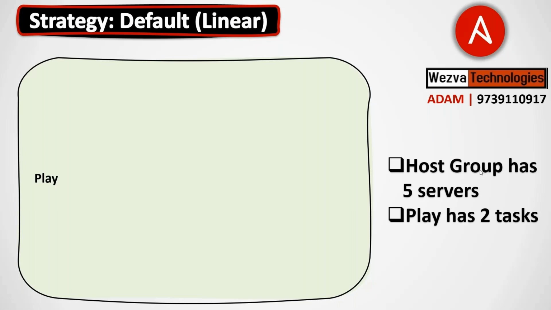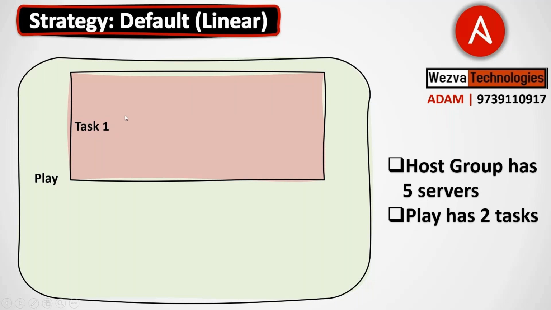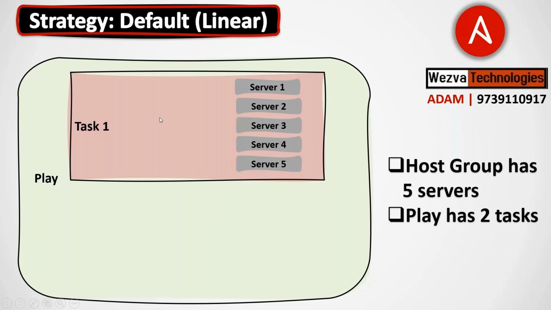So if we have 2 tasks, it will first take the first task and run it on all the 5 or 6 machines in the group together, which means the task you have given will be executed on all the machines in the group at the same time in parallel.